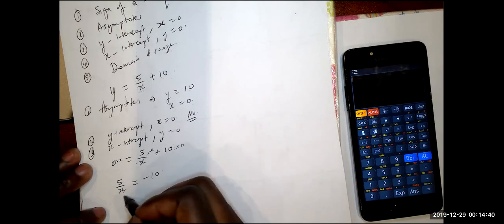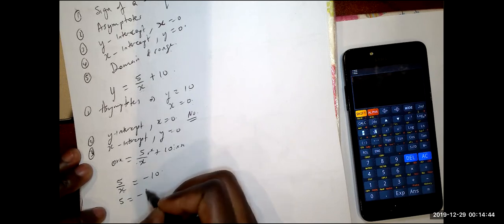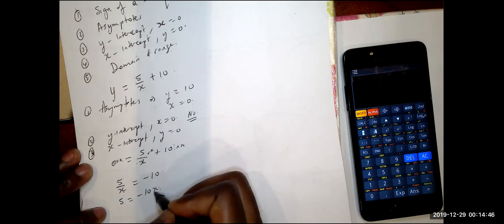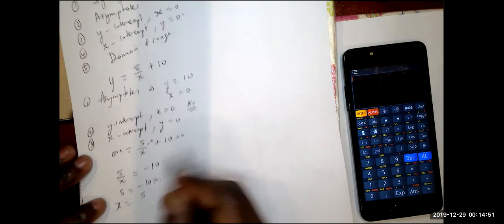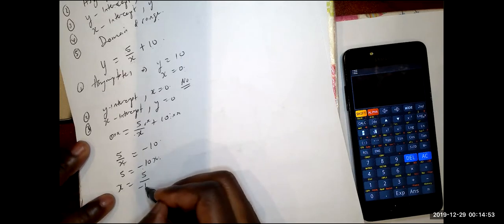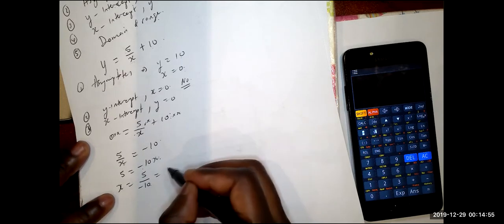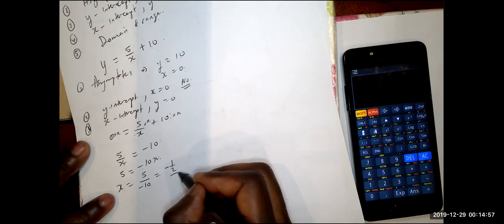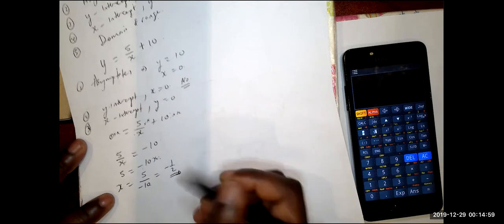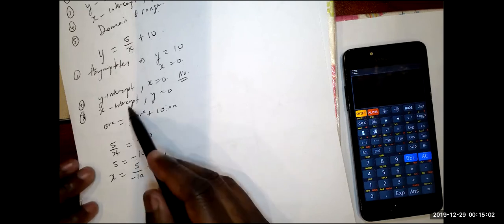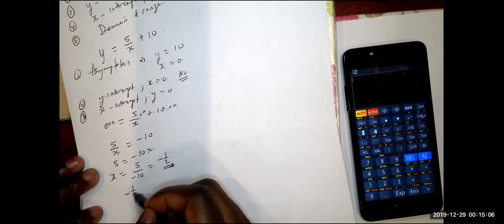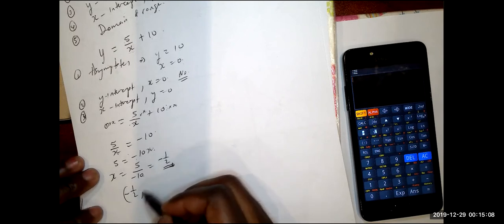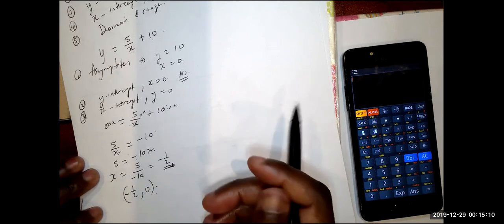Multiply both sides by x, so 5 is equal to negative 10x. Then we divide both sides by negative 10. X is equal to 5 over negative 10, which is equal to negative 1 over 2. That's what we have as the x value there. So our coordinate is negative 1 over 2, 0.